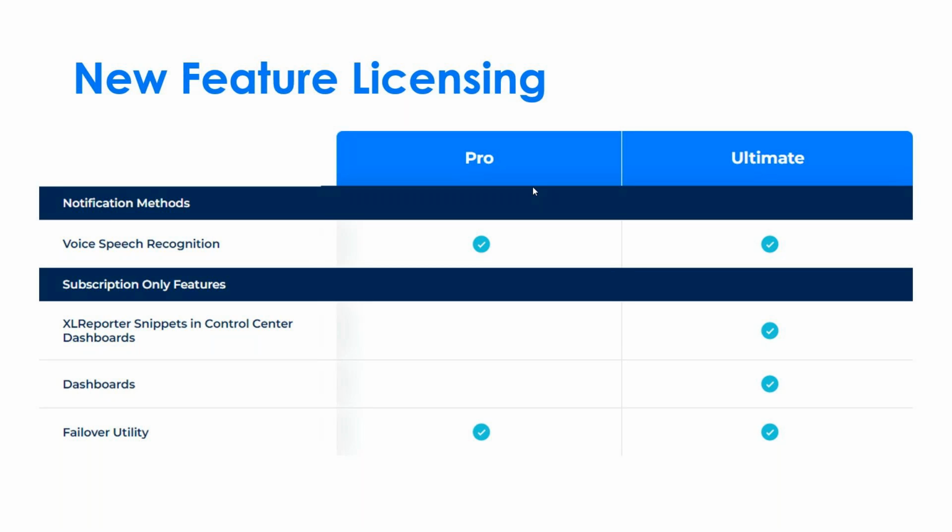But for all the features that we talked about with XLReporter and Win911, the integration and showing the reports on the mobile app, showing them in Control Center, all of that requires a subscription license and a majority of that requires the ultimate license tier, which is the old advanced tier. So we've renamed the tier. So ultimate is advanced, and pro is the old interactive license tier.